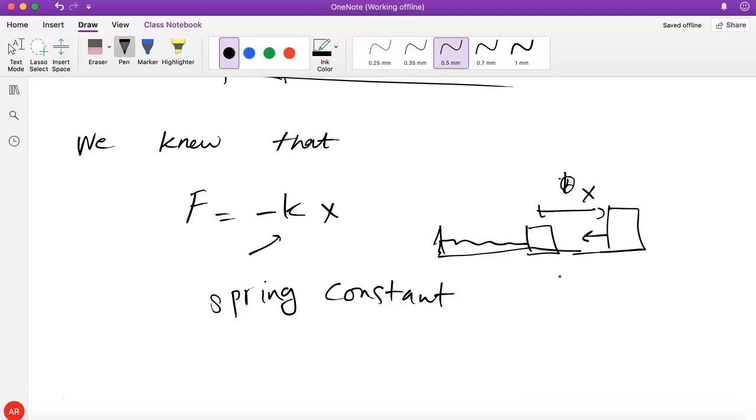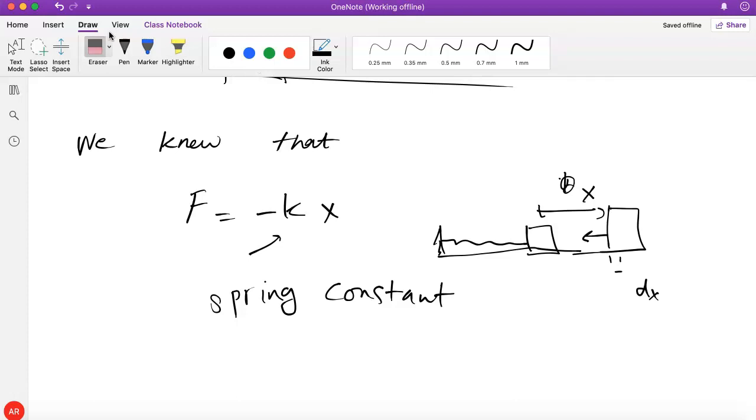So from energy and work considerations, we figured that if you're at that amount of stretch x, and then you stretch it a bit more, so you go from x to x plus dx, you stretch it by another infinitesimal dx.